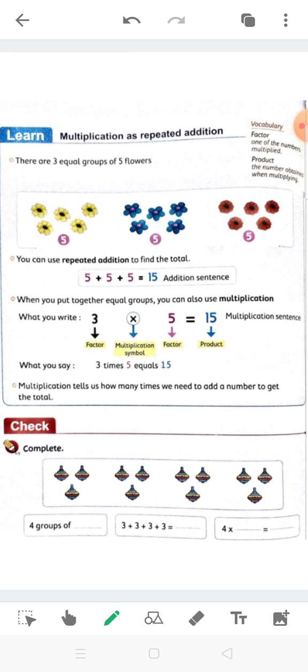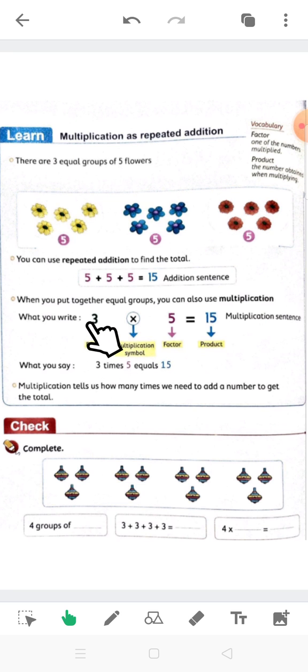Okay? Let's see the multiplication as a repeated addition. How many groups do we have? I've got 3 groups. Each group contains 5 flowers. You can use repeated addition to find the total. And simply we can use the multiply. How many groups do we have?